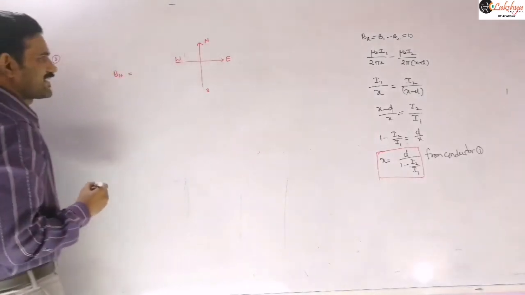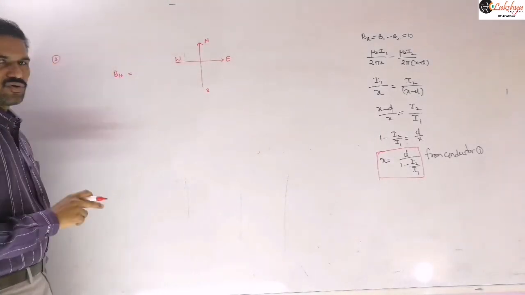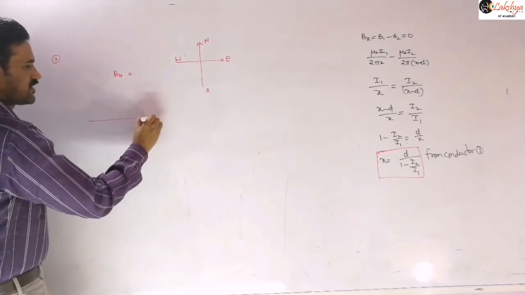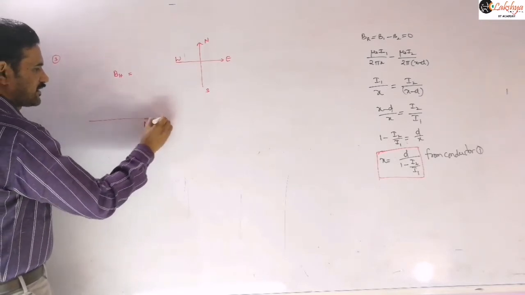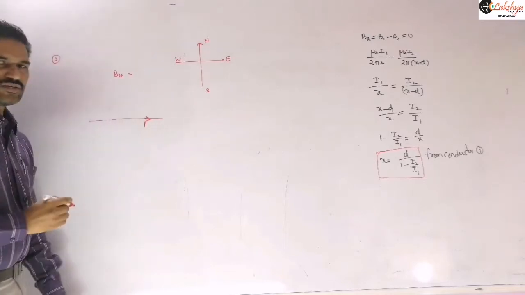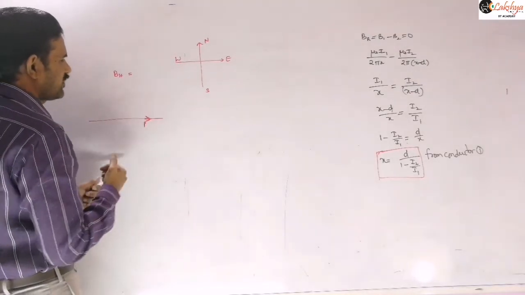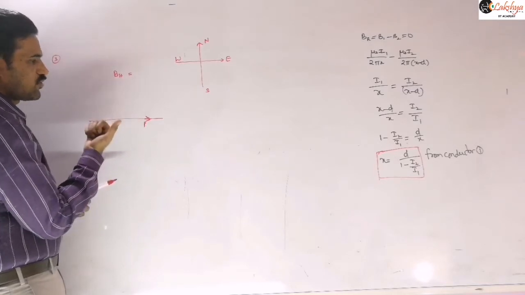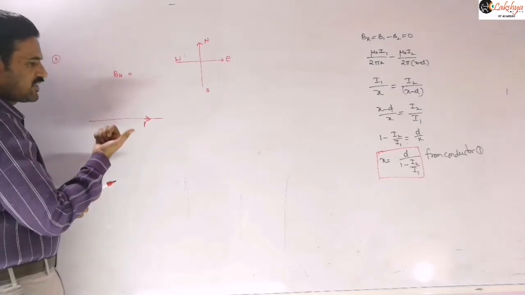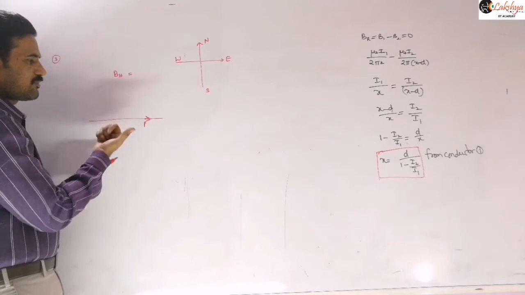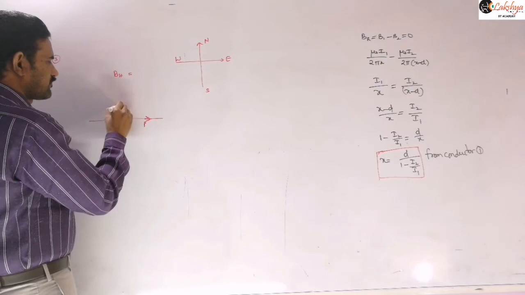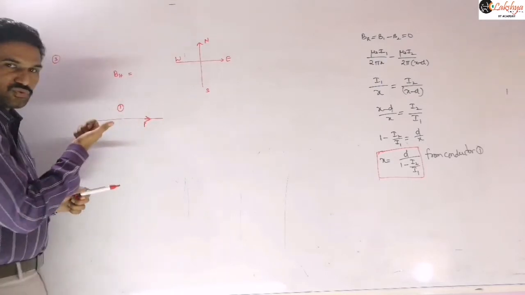Our current carrying conductor is along the east-west direction like this, and current is flowing along this direction. If you take a point above this, the magnetic field is from south to north here, right? So the magnetic field produced by this conductor will be out of the plane.